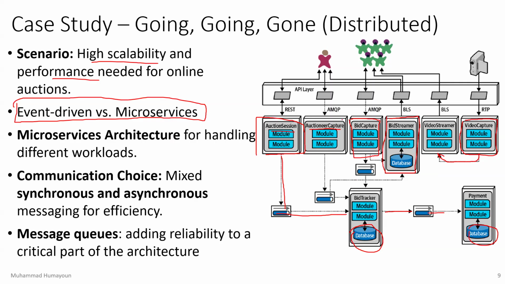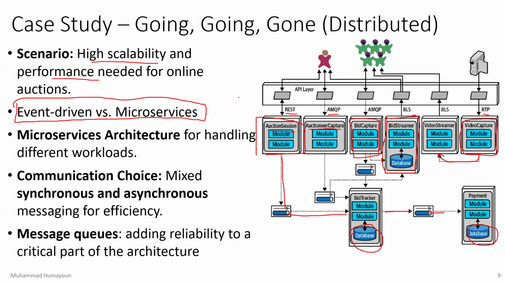In the API layer, since the microservices architectural style advocates heterogeneous components, the communication happening here is RESTful, here it is AMQP, here it is a BLS, and here it is RTP, remote transmission protocol, and so on.